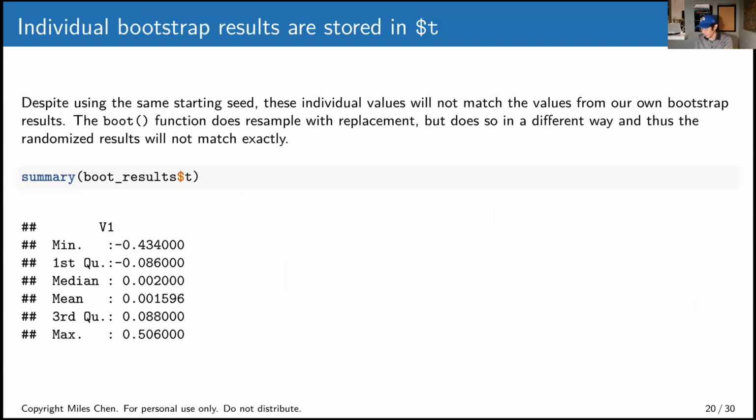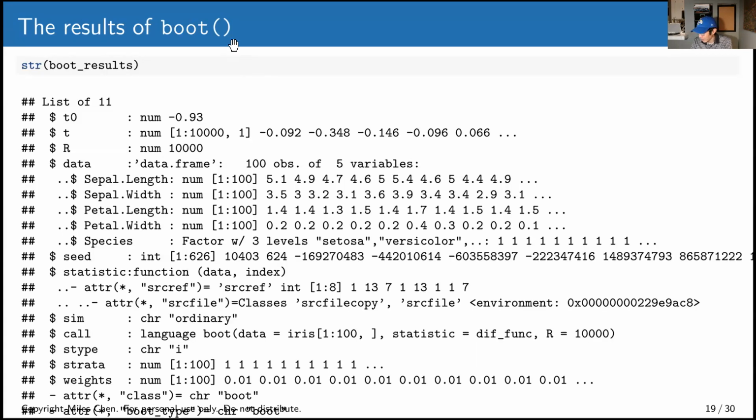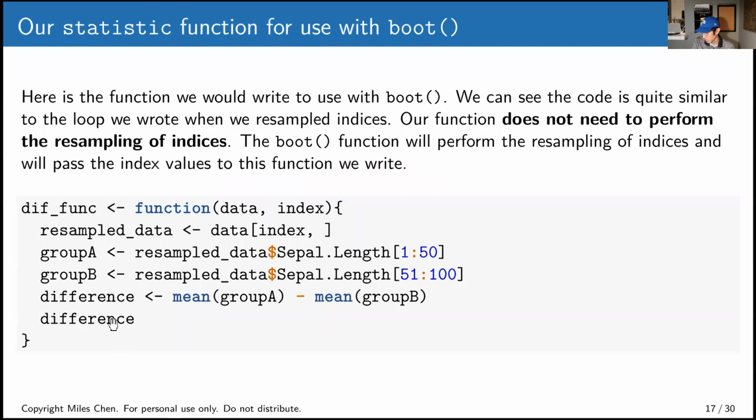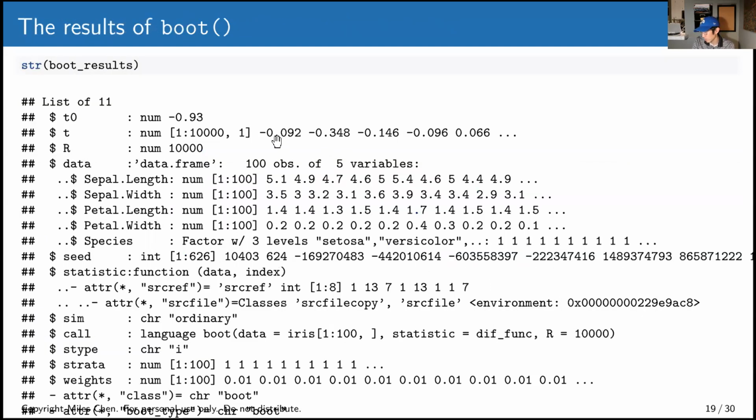The bootstrap results are stored in this matrix $t. So within the list boot_results$t, there's a matrix with 10,000 rows and 1 column. If the difference function returned a vector with multiple values, then you would get a matrix with multiple columns. But here we just have a matrix with 1 column, and those values say, when I did one bootstrap resample, I got a difference of -0.092.